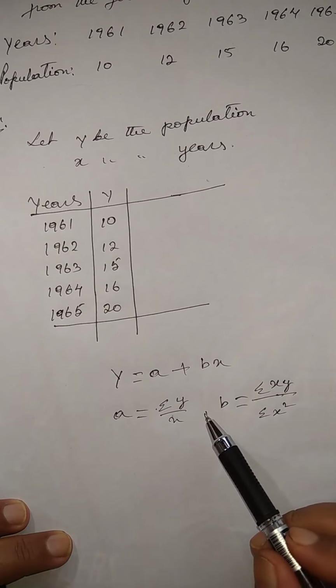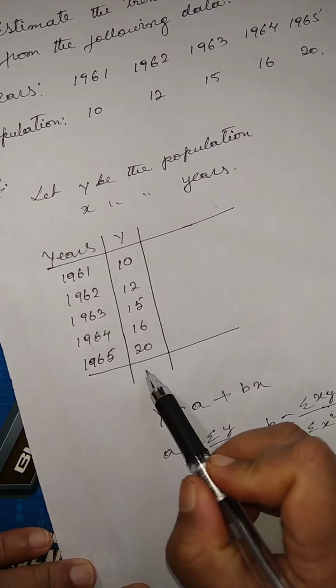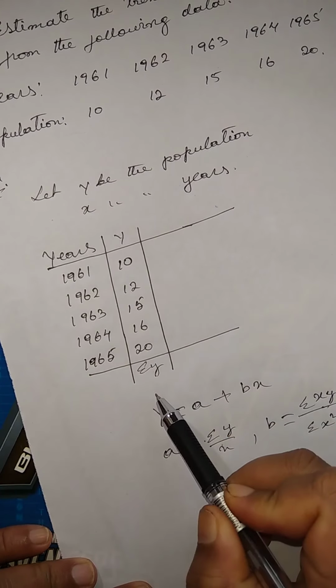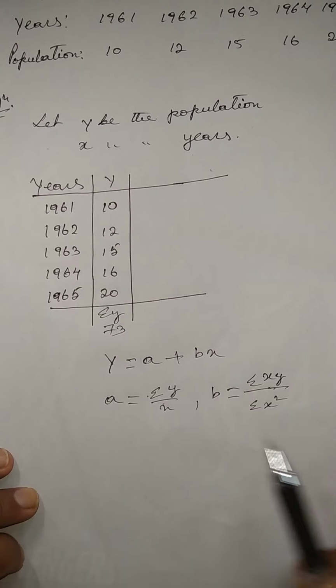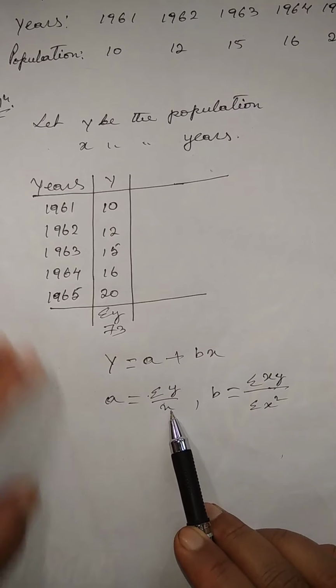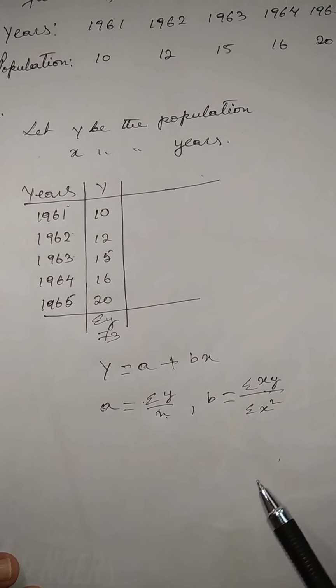First we find summation y, which is 73. And n is 1, 2, 3, 4, 5, the number of years.